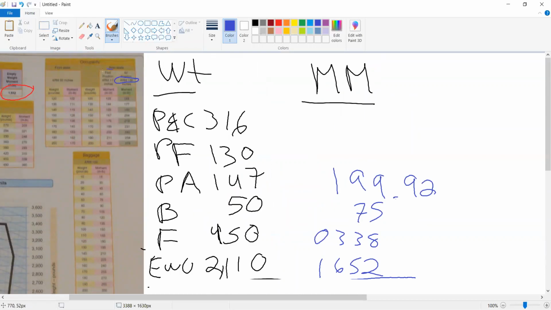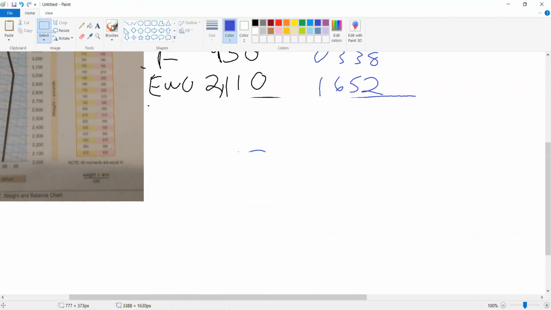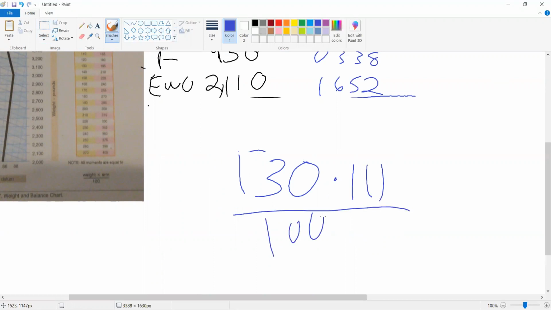So forward, we'll be working with this number instead, right? 111, not 180, not 136. So we have 130 times 111. So delete this. We have 130 times 111 over 100.